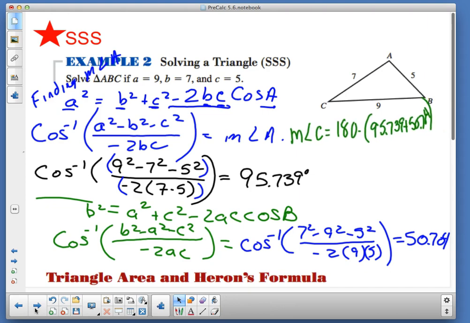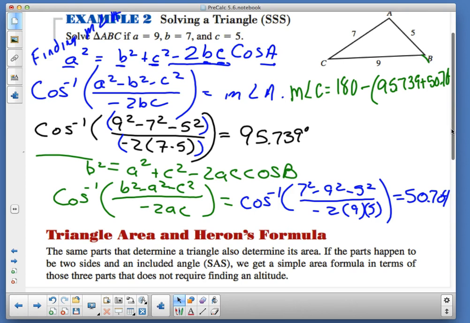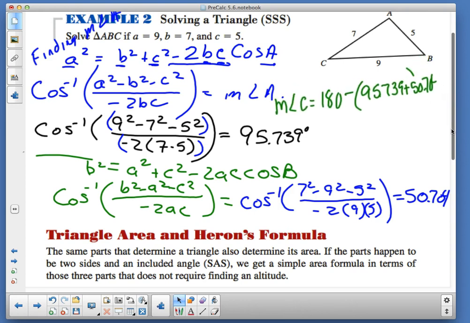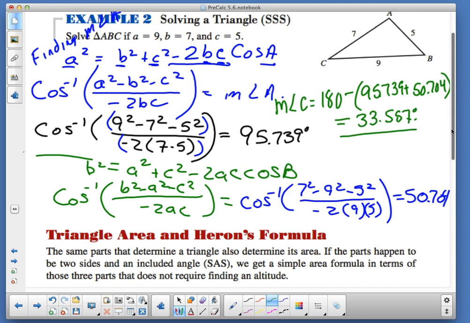Let's bring that through and I'll clean that up. 50.704. There we go, that's better. That should return my C value coming in as 33.557, I hope, for my degrees.